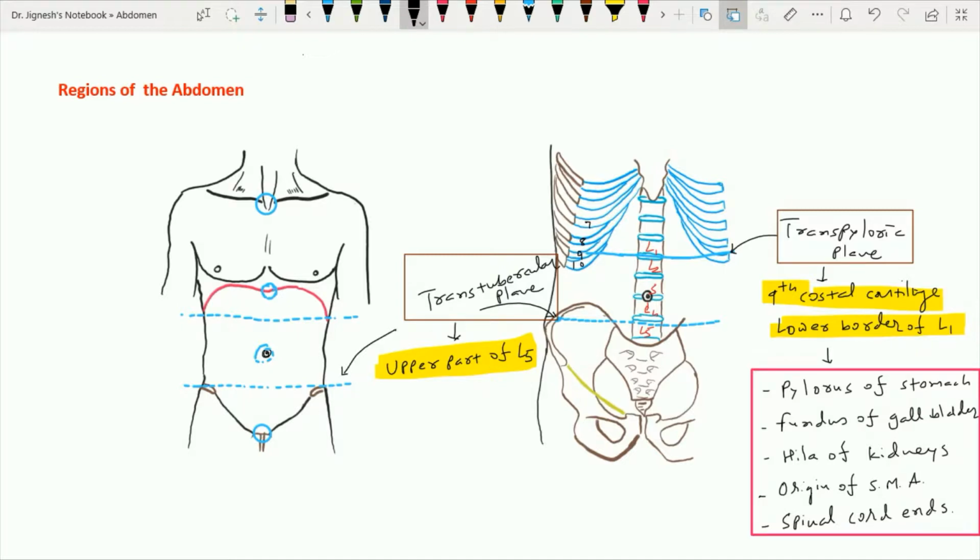Two vertical planes, right and left lateral planes, are represented by one vertical line drawn from the midpoint between the anterior superior iliac spine and the pubic symphysis, and above it is going to pass through the midpoint of the clavicle. So the line passing through both these points is the vertical plane of the abdomen.